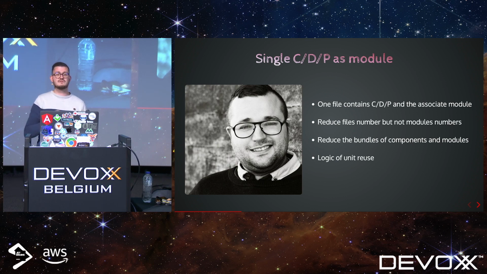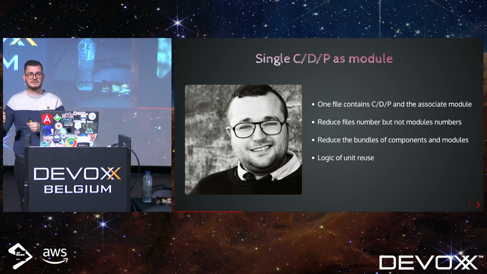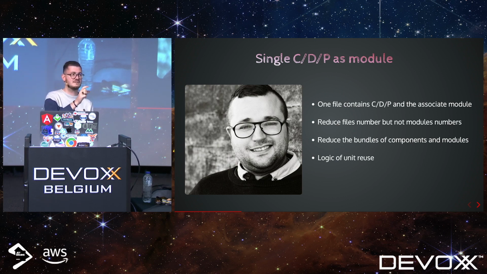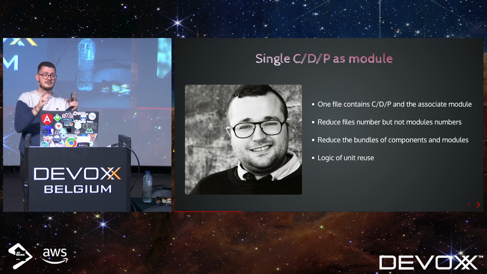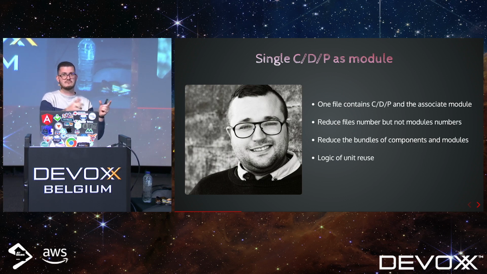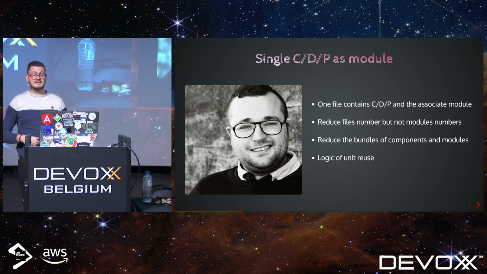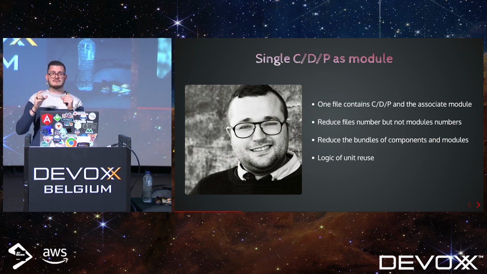Because it reduces the number of files, but we will have many modules, because one component will be associated to one module. So if you create 2 components, you must create 2 modules. It will reduce the bundles of the components and the modules, because the module associated to the component must import only what the component needs to work properly.